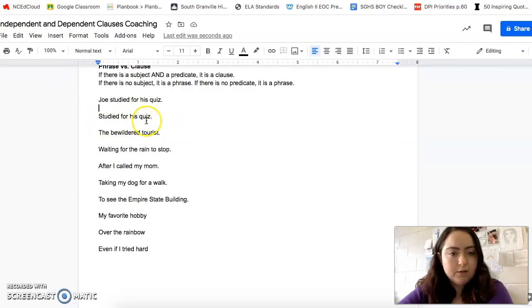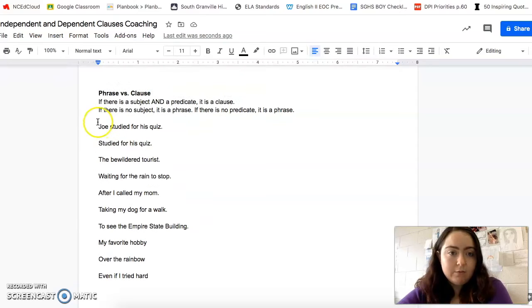Next one, studied for his quiz. Okay, well, there's an action going on here, so a predicate, but we don't know who or what is doing that. So this has to be a phrase because it doesn't have a subject. Okay, the bewildered tourist. Somebody's a tourist and they're confused, evidently. Well, we don't know what the tourist did. We just know that they're bewildered.